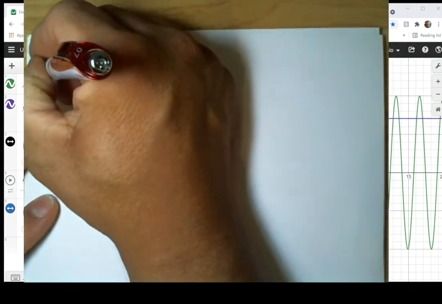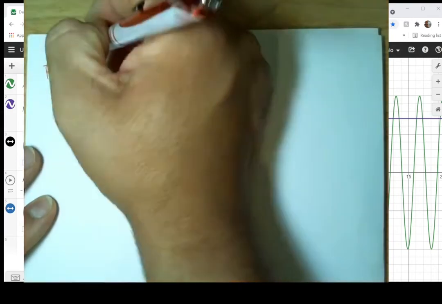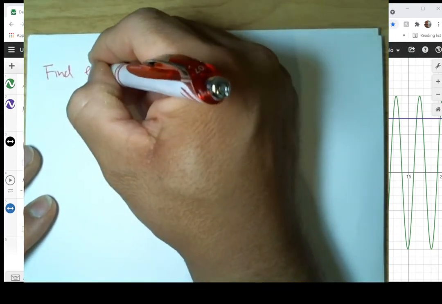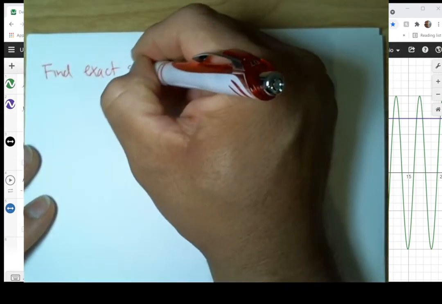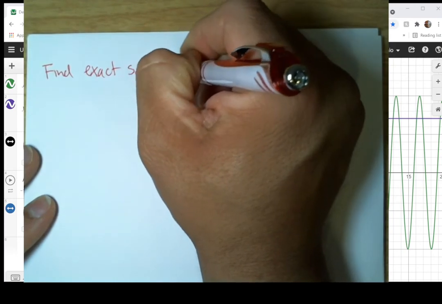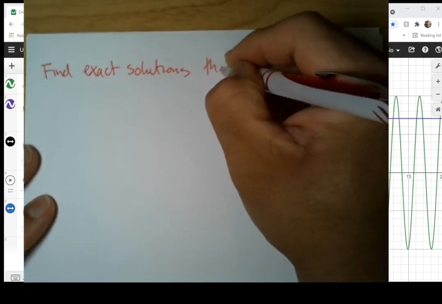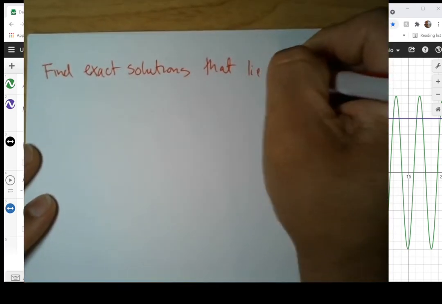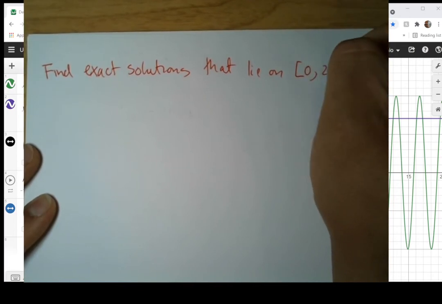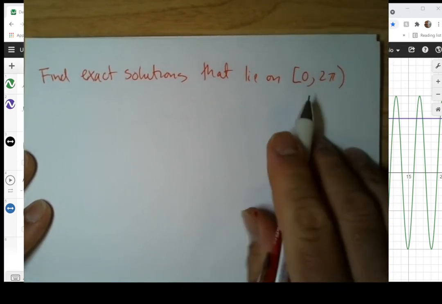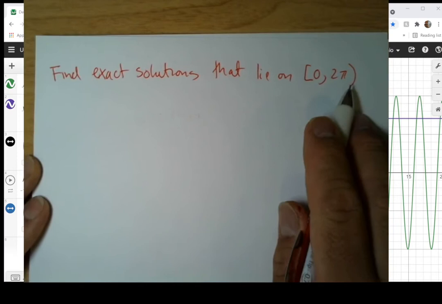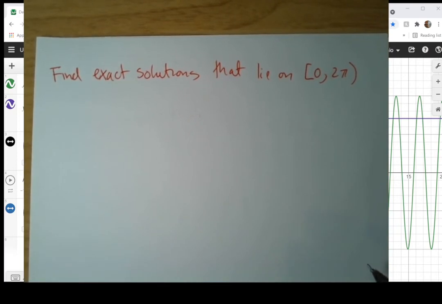So here I want to find exact solutions that lie on the interval 0 to 2 pi, inclusive of 0, but not inclusive of 2 pi. So up to, but not including 2 pi.